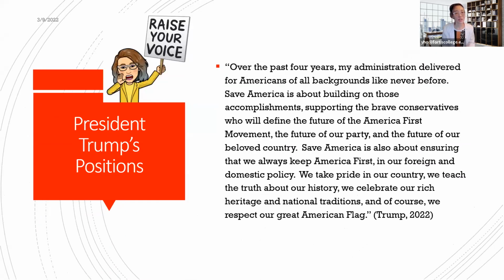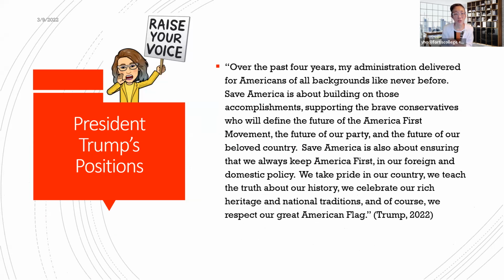And then here, President Trump, from his website: Over the past 4 years, my administration delivered for Americans of all backgrounds like never before. Save America is about building on those accomplishments. Supporting the brave conservatives who will define the future of the America First movement, the future of our party, and the future of our beloved country.